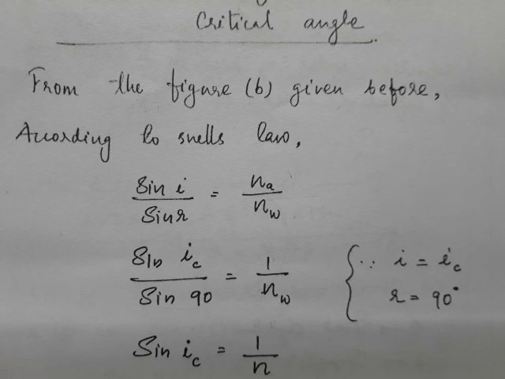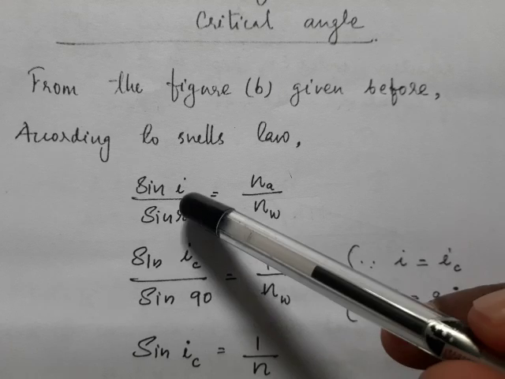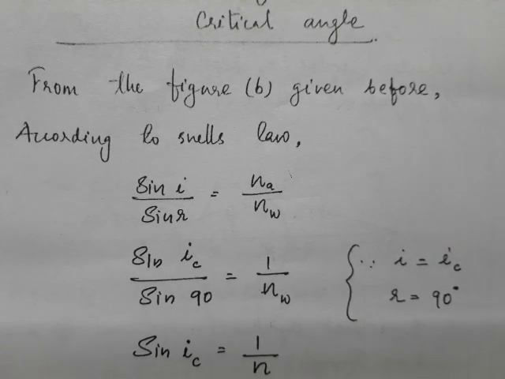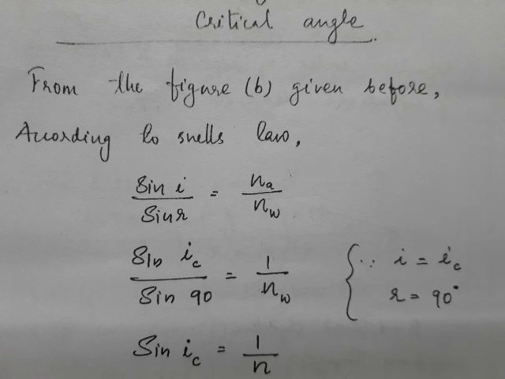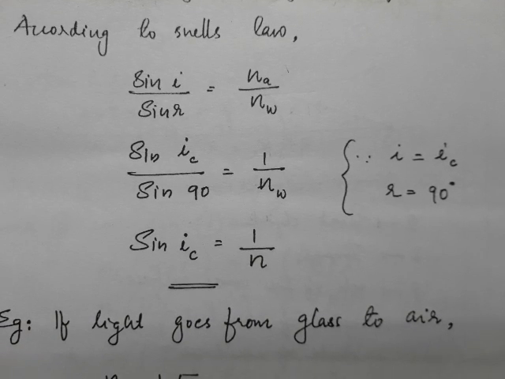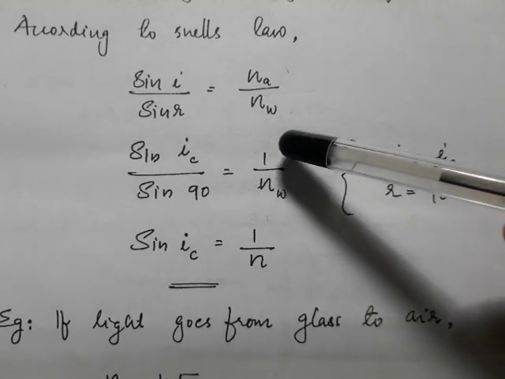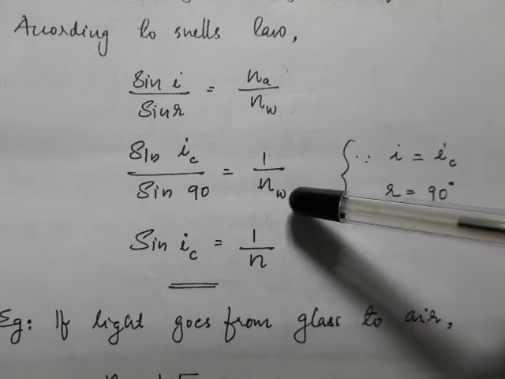We have seen just now. So we substitute I equal to IC and R equal to 90 degrees. So sin 90 is 1. So we get sin IC is equal to 1 by the refractive index of water.